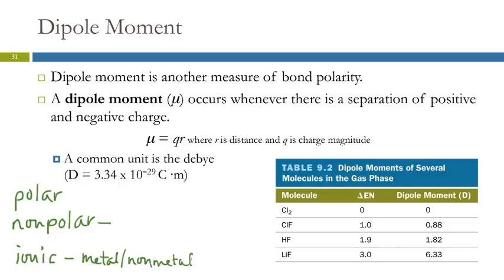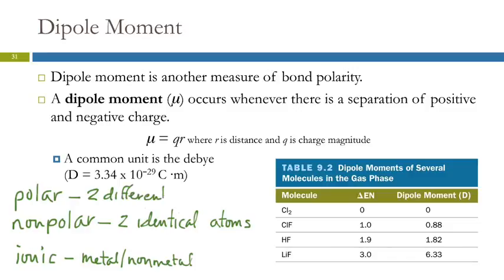A nonpolar bond, two identical atoms. So hydrogen, H2, that's going to be nonpolar because it's two hydrogen atoms. They're the same. And then polar, two different nonmetals.